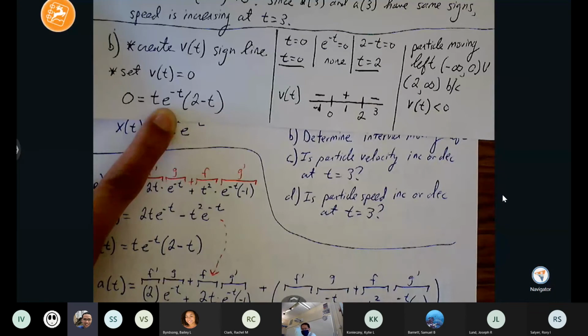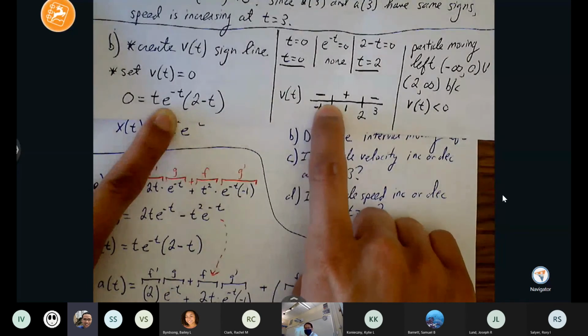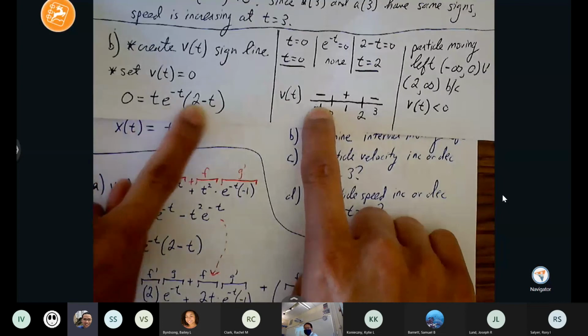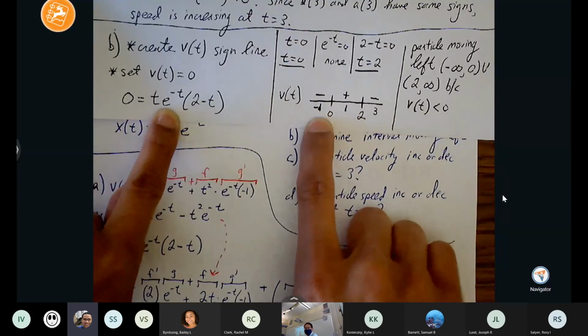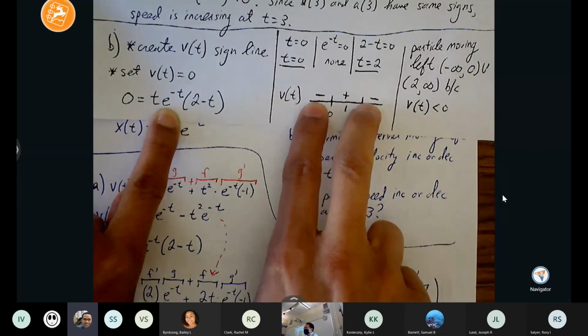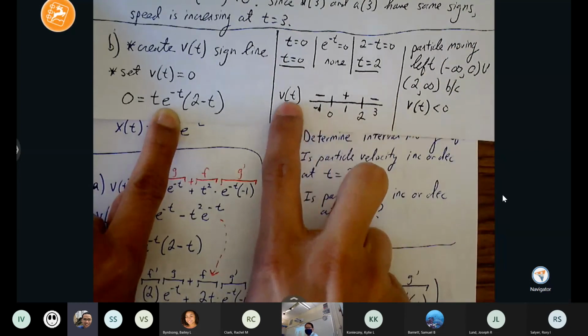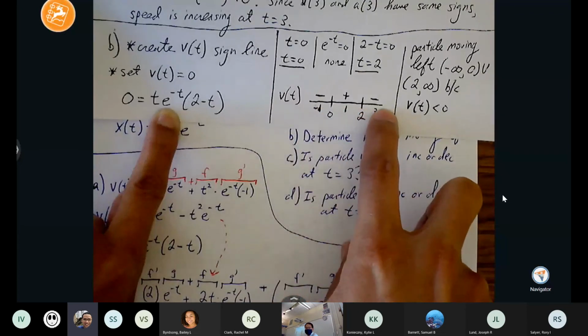So I can test -1, test 1, test 3. And I'm testing all this against my velocity function. Right? So I'm looking for particle moving left. So moving left is negative velocity. So I want the interval from -infinity to 0, and then the interval from 2 to infinity.